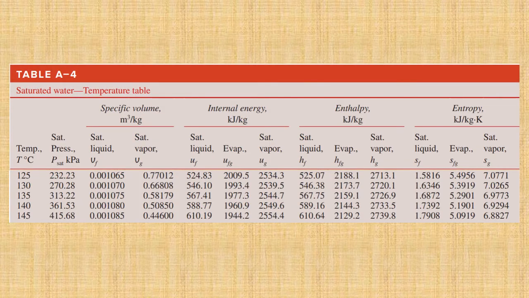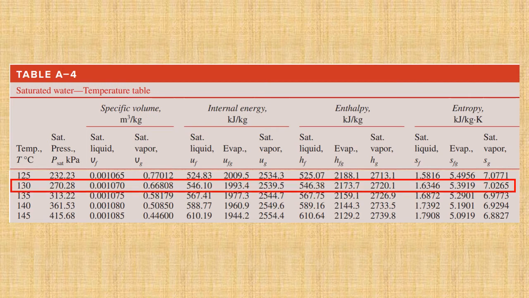We need to look across the row with the given temperature. We notice that the given specific volume, V, of 0.1 meters cubed per kilogram is higher than Vf, but lower than Vg. This means that our state description is a saturated mixture.